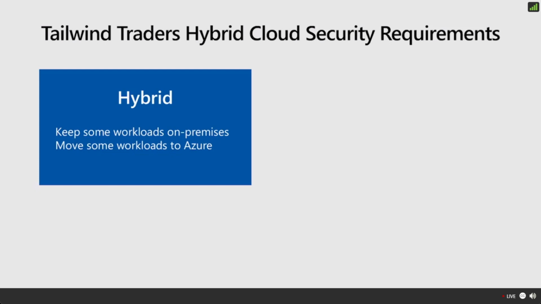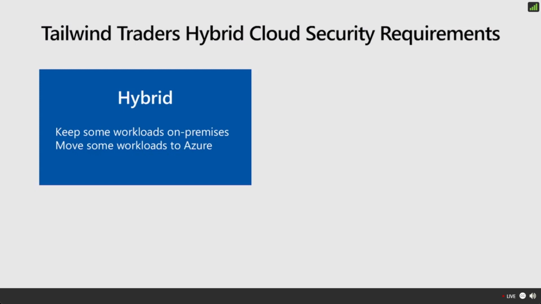So to get started, again, I want to quickly highlight a couple of the requirements Tailwind Traders has. And again, in this session, we're going to focus on security. Tailwind Traders, as mentioned before, is a company with a hybrid environment, meaning that they are moving some of their workloads to Azure, but for other reasons, some of their workloads need to stay on-prem.